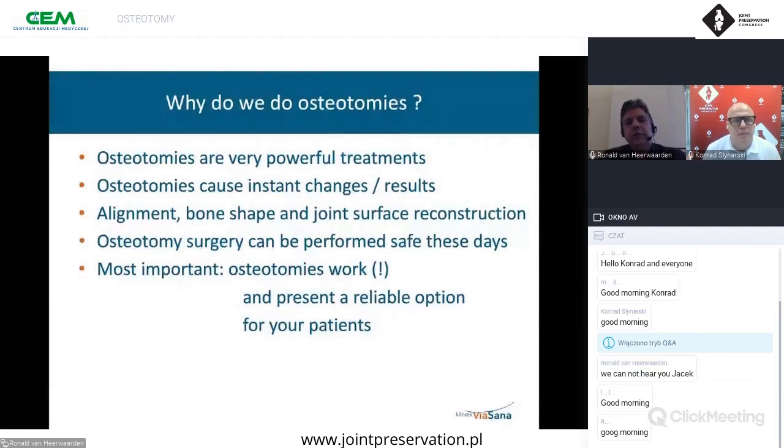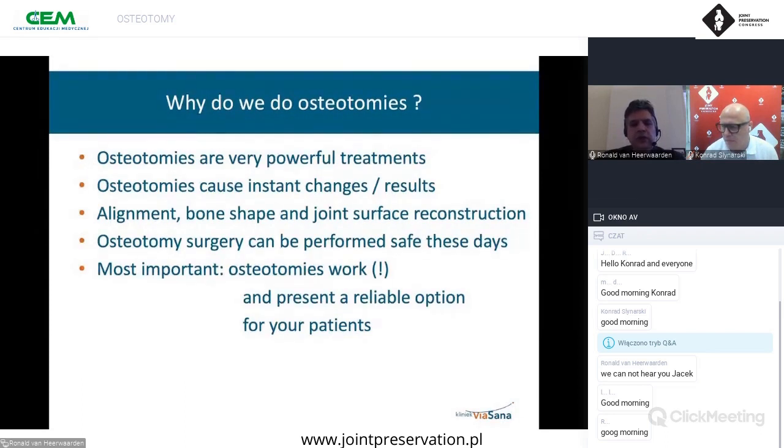Osteotomy surgery can be performed safely these days. However, you should be aware of the complications, and Matt Dawson will have a fantastic presentation on this topic too. So, as in any kind of surgery, and also if you're listening as a physiotherapist here, be aware of the complications so that you can anticipate any situation which is out of the ordinary and refer the patient back to the treating surgeon.